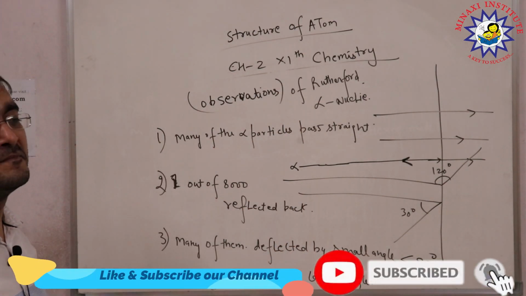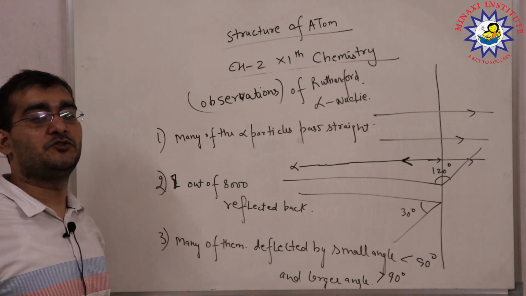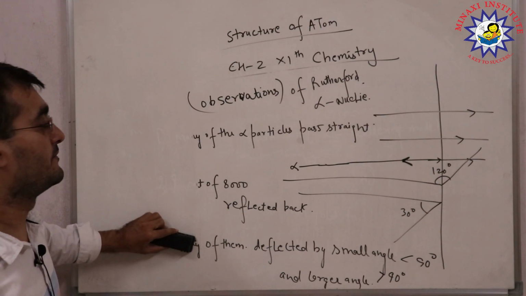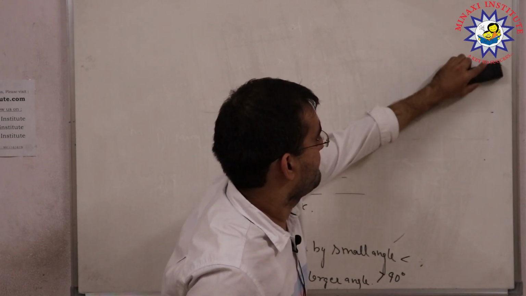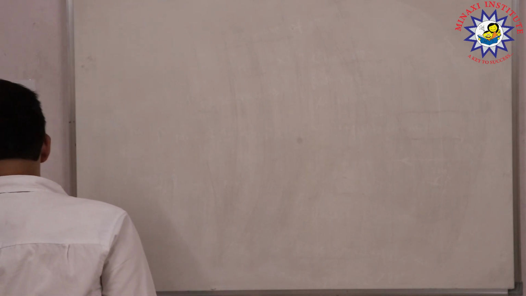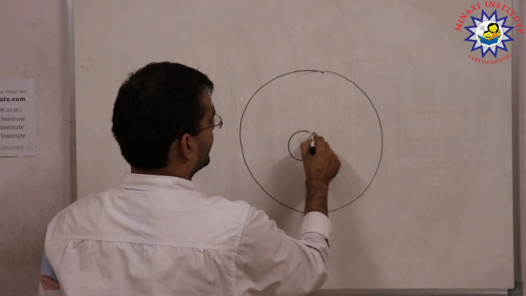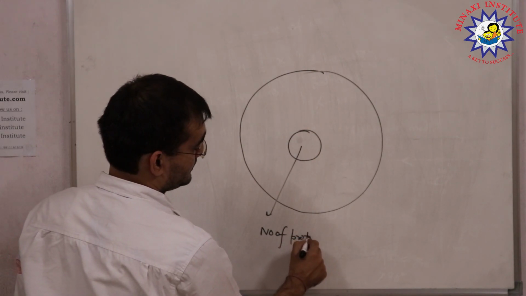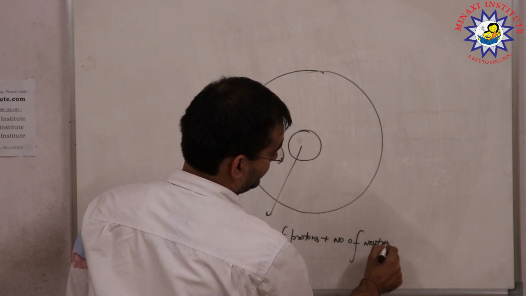According to these observations, Rutherford conceptualized his theory for the structure of the atom. This is the atom, this is the nucleus. In the nucleus we have the number of protons plus the number of neutrons.